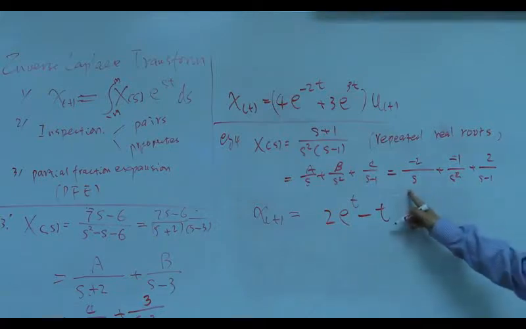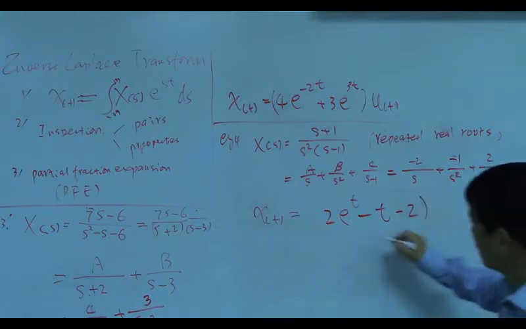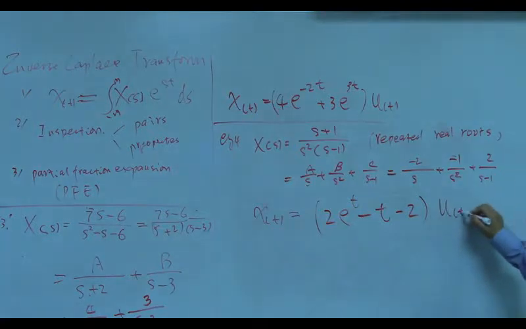And this first term is minus 2, right? Then everything together times u(t). That's it.